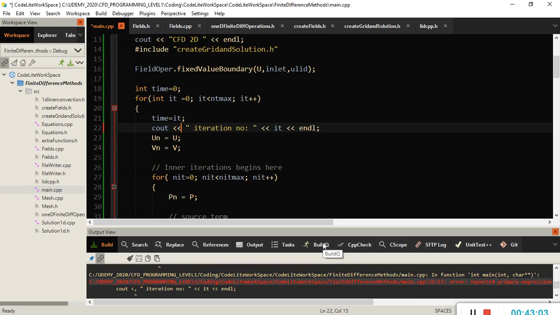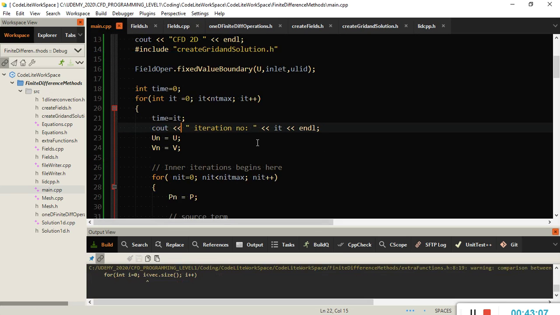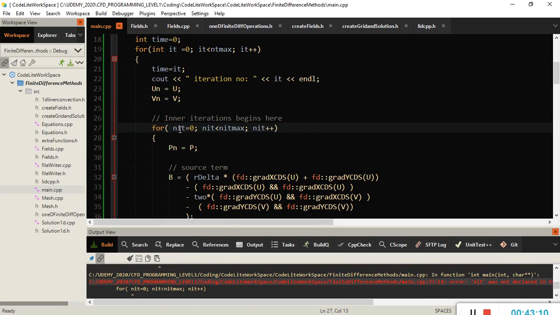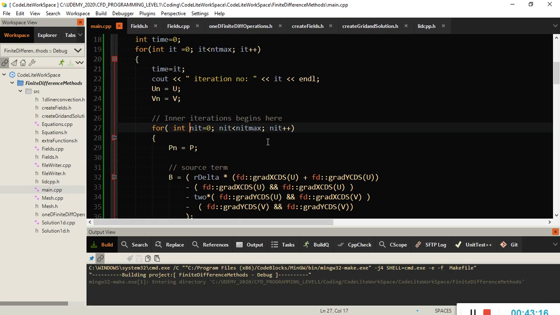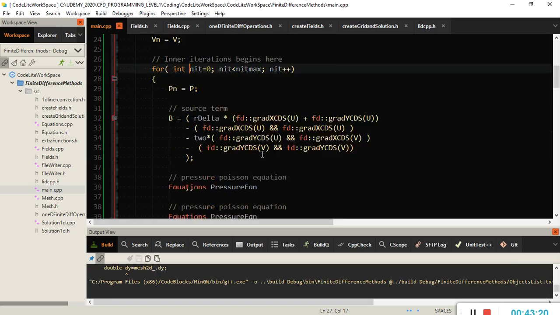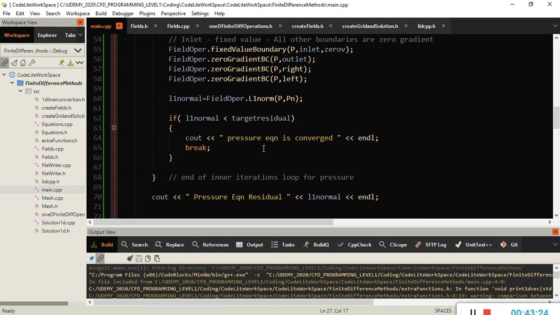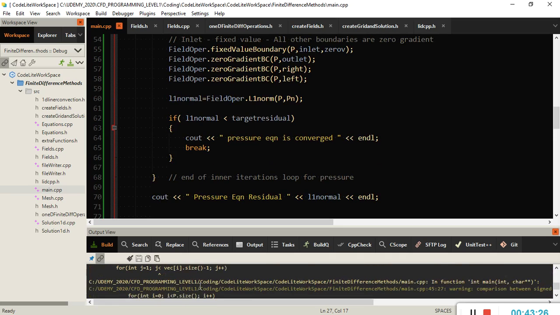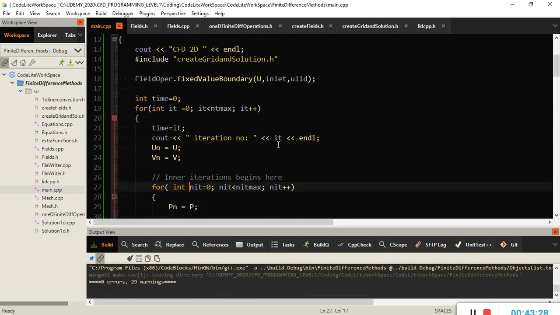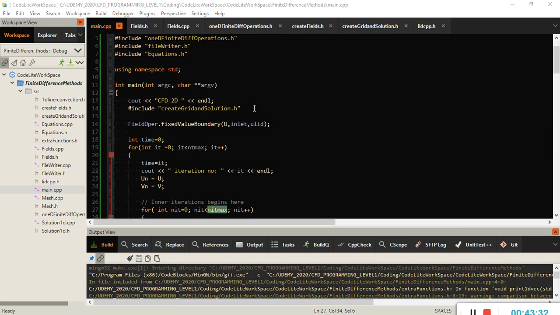Here I made a silly mistake. Let's go ahead debugging, and here this also hasn't been declared yet, so integer. Okay, so everything works fine now. It's all compiled.